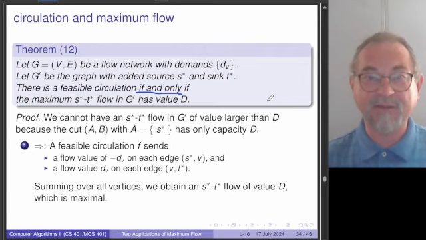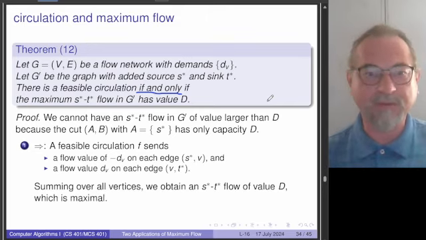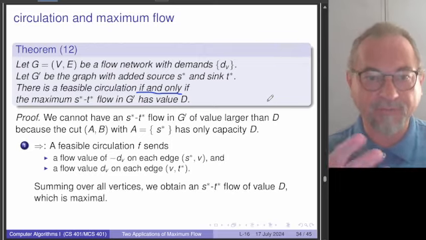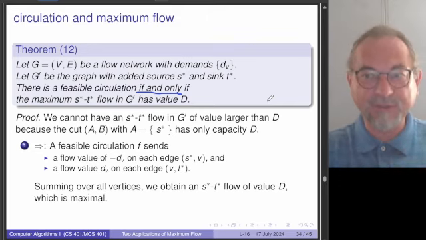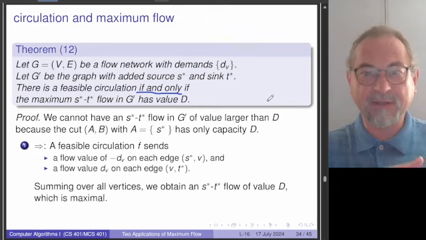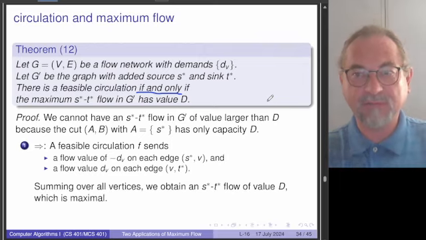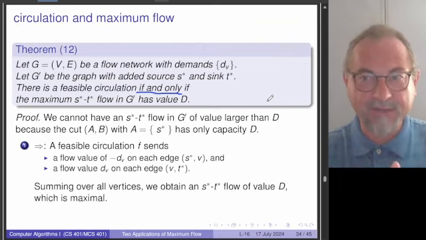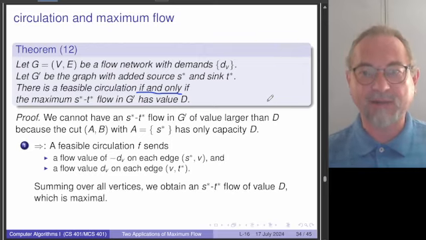We have these negative values, or reasoning positively over the demands, we have this capital D. So what this first statement says is that we are reinterpreting the capital D, the sum of all the demands, in relation to the definition of this added source S star and added sink T star.